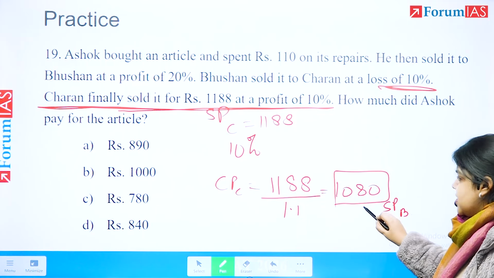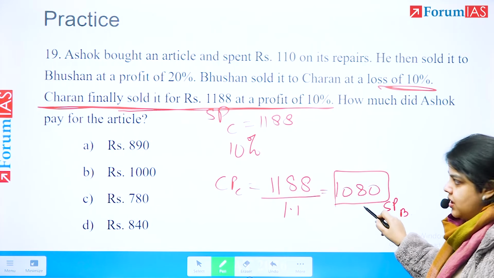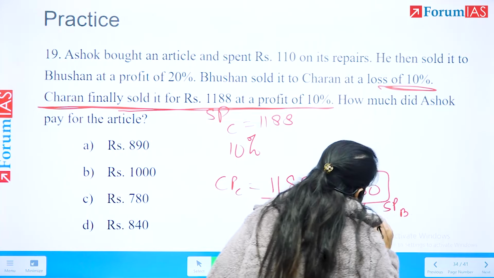If selling price of Bhushan is 1080, and Bhushan is selling it at a loss of 10%, so cost price of Bhushan becomes 1080 divided by 0.9. हाँ, मैंने मना नहीं किया. We're just solving it together.